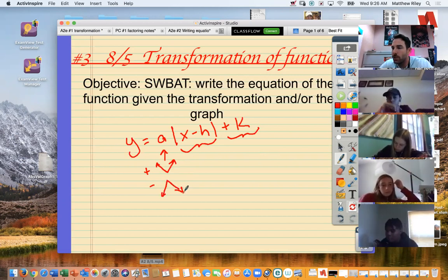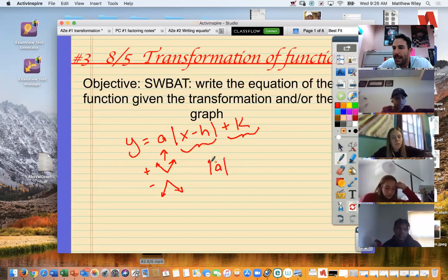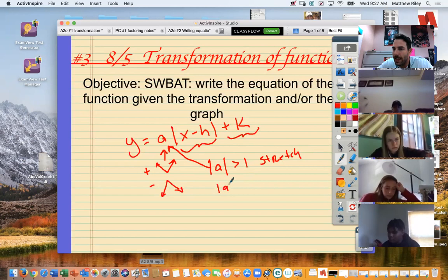And how do I know about a stretch or a shrink? If it's greater than 1 or like a fraction. Right. So in general, and this is how it's written, if the absolute value of a is greater than 1, it's a stretch. If the absolute value of a is less than 1, it's a shrink.